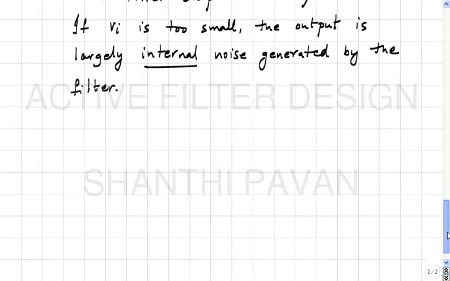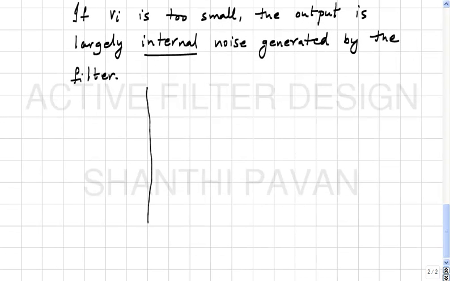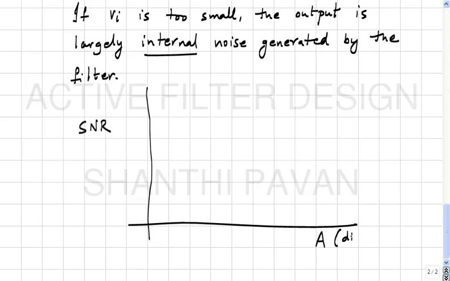If I plot the signal to noise ratio as a function of input amplitude, let me plot the input amplitude in dB normalized to something.